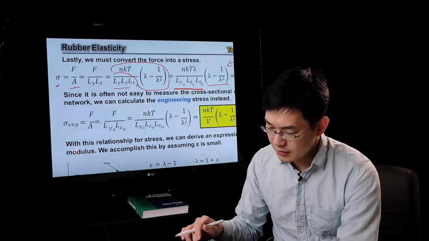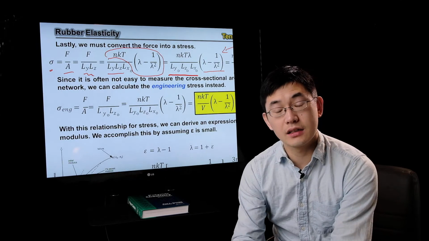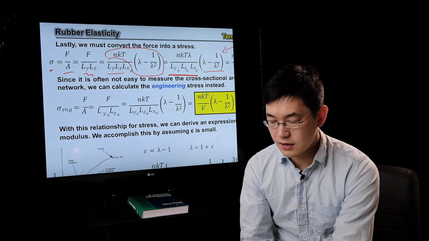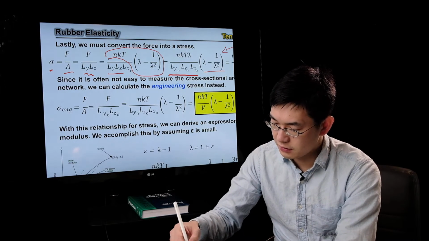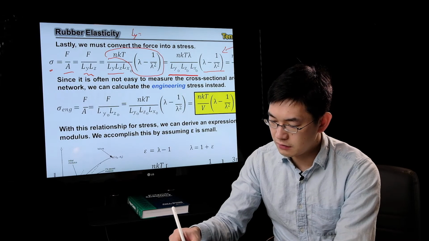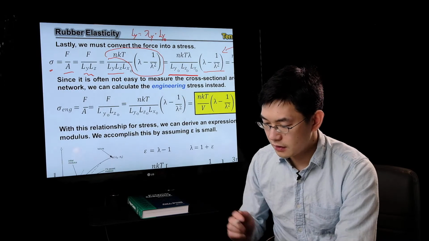Why is that? So this comes back to what Ly and Lz are. When we need to link these Ly and Lz to L0, Ly is what your L is after deformation. Remember, this is going to be linked to lambda y times Ly0.